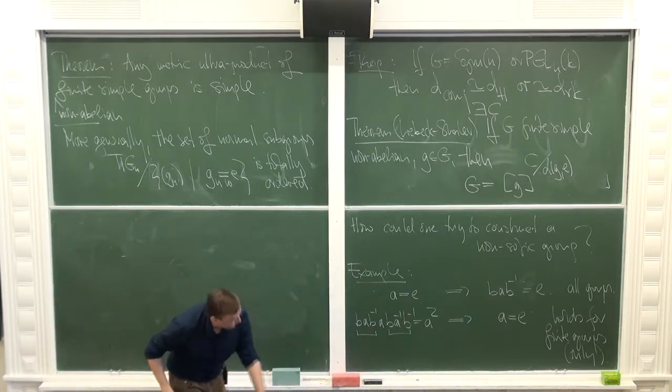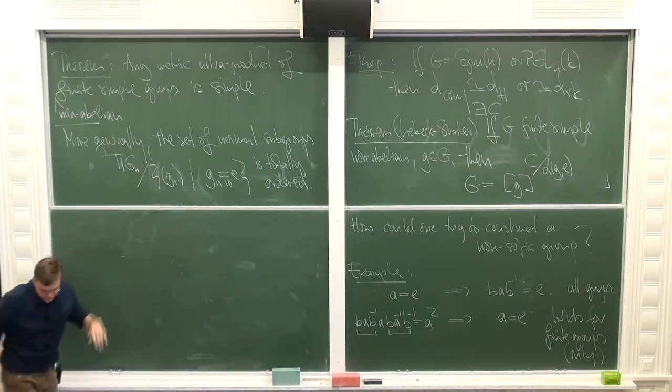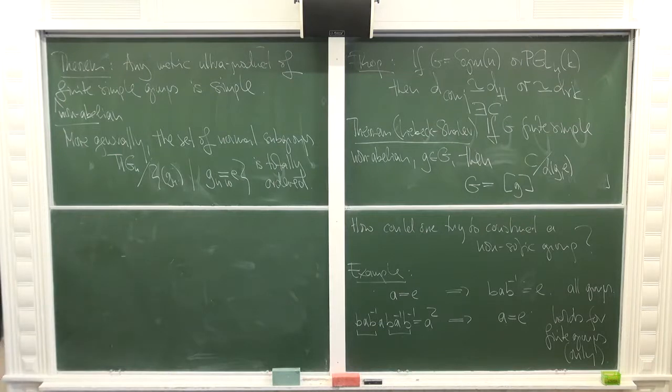The ultraproducts of these general linear groups, or projective general linear groups, have also been studied. Gulnara Arzhantseva defined the notion of a linear sofic group to be a group which embeds into the ultraproduct of these general linear groups.